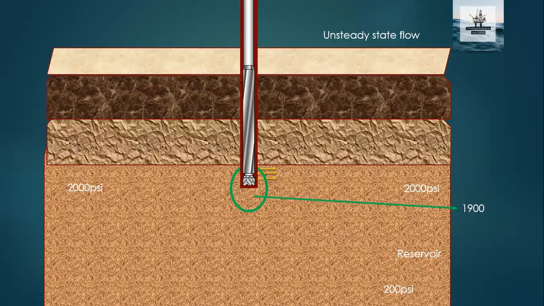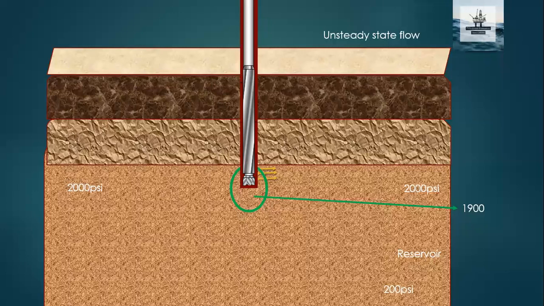Before this green ripple, in the location where you have measured pressure, it was 2000 psi. Once you have created this ripple, from 2000 psi it has reduced to 1900 psi. So this happened at one particular time, that is T1.